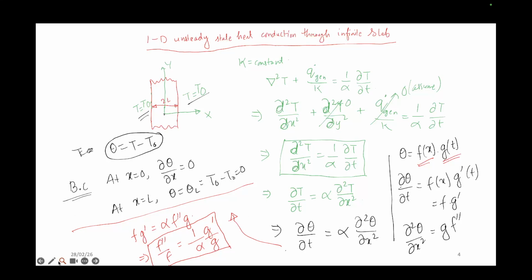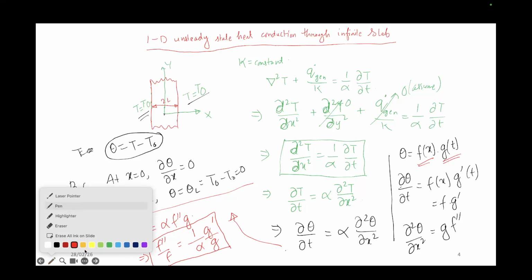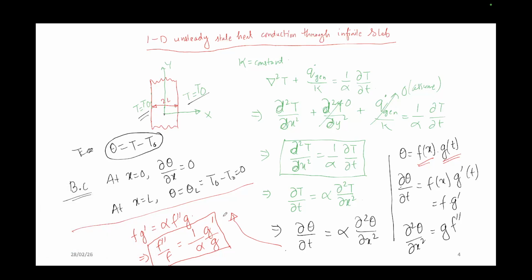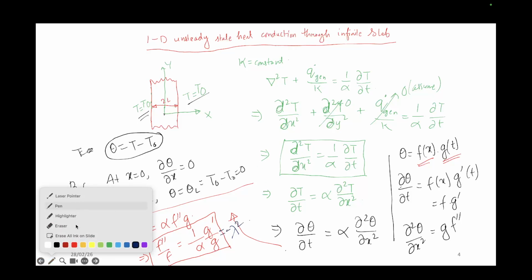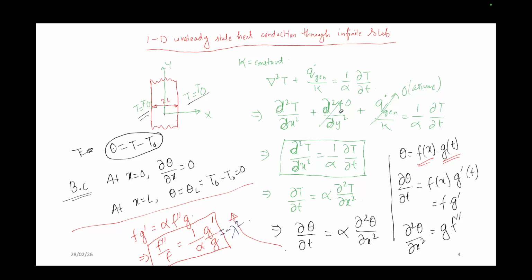Okay. So in the next part, in similar types of question, like you have done in maths, we just assume each part as minus lambda square, right? So I am erasing just this part.